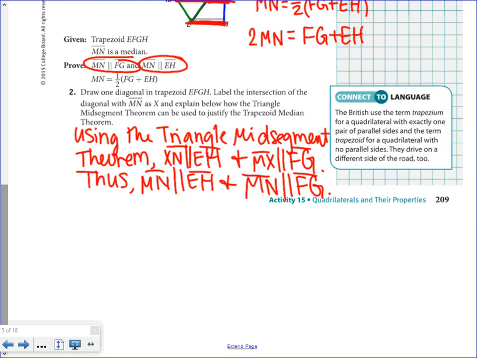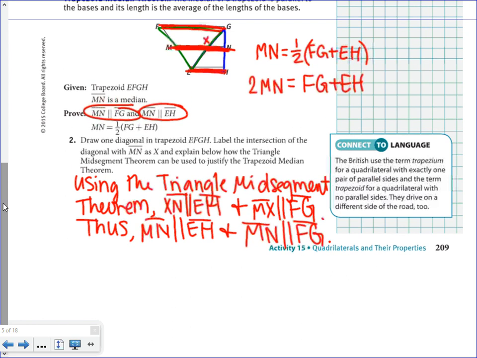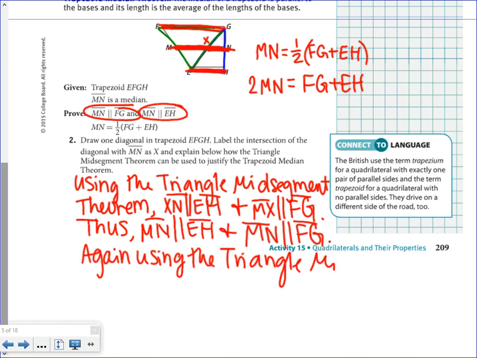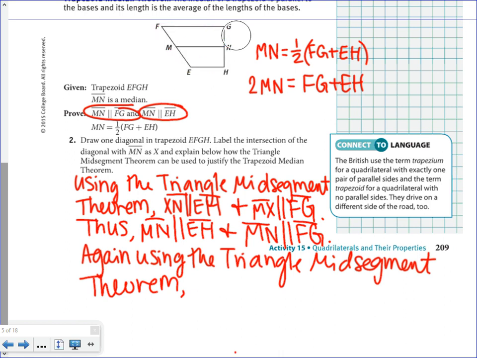Using the triangle mid-segment theorem again, I'm going to erase my marking so that I can draw on it.